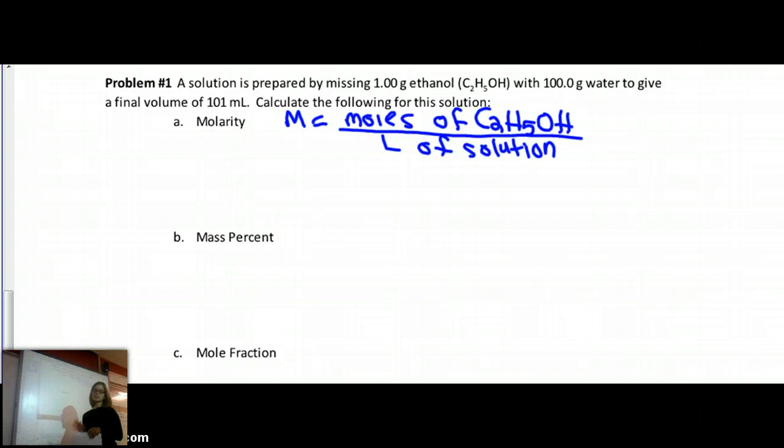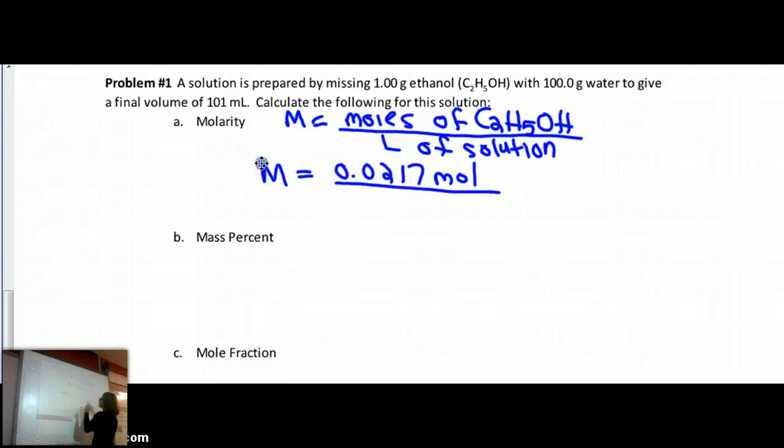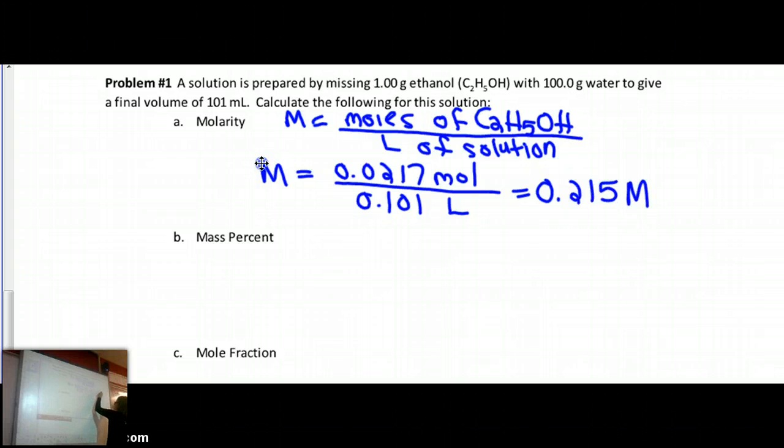I'm just going to tell you today the moles of ethanol. I know that you can make that calculation of 1 gram over the molar mass. So molarity here will be equal to 0.0217 moles of ethanol over the liters of the solution, and it was 101 milliliters divided by 1,000, and we end up with 0.101 liters. And so our final answer here would be 0.215 molarity as our concentration of ethanol.